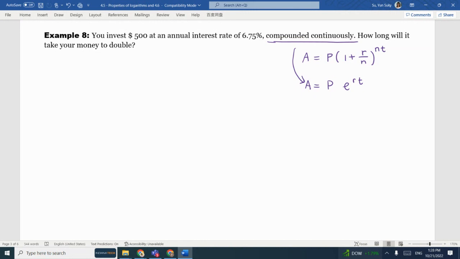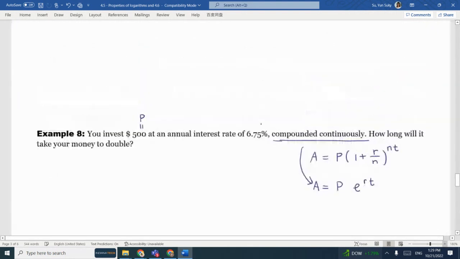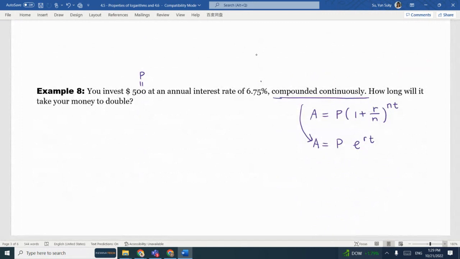Okay, let's see. So what's 500? 500 is the P, yes? What's 6.75%? The r, right? This is the r. And this is 0.0675.